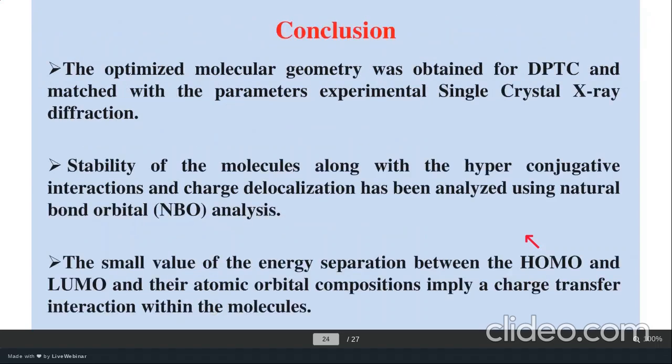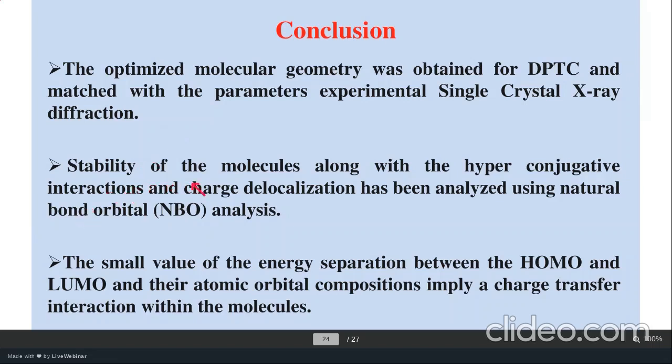Here we have concluded our work. The optimized molecular geometry was obtained for DPTC and matched with the parameters from experimental single crystal X-ray diffraction. We can conclude that we have optimized geometry which is related to the experimental data obtained by crystal X-ray.